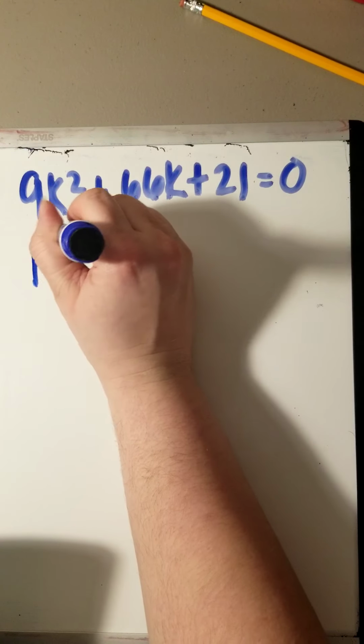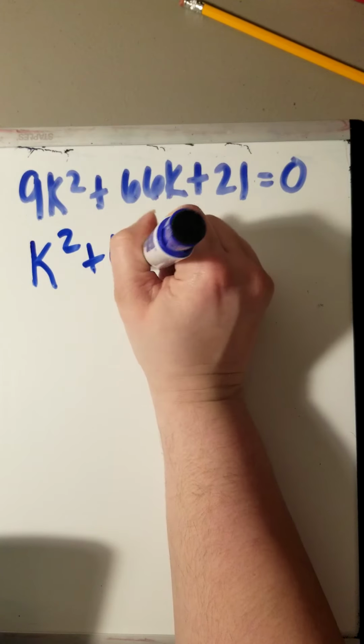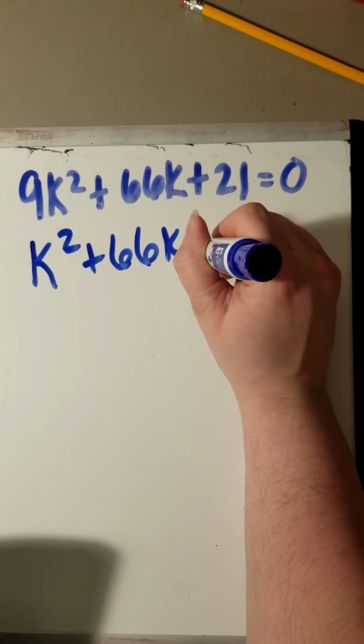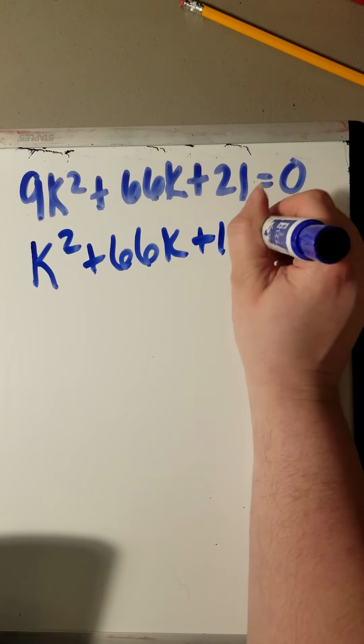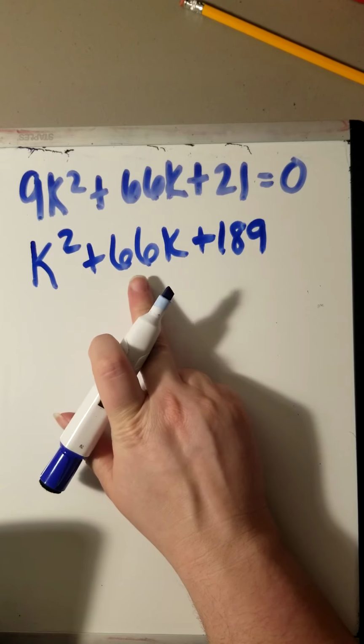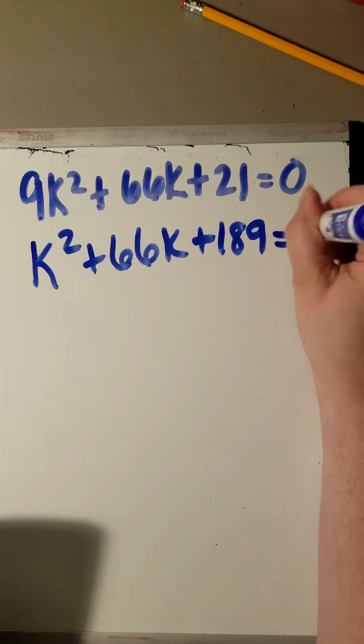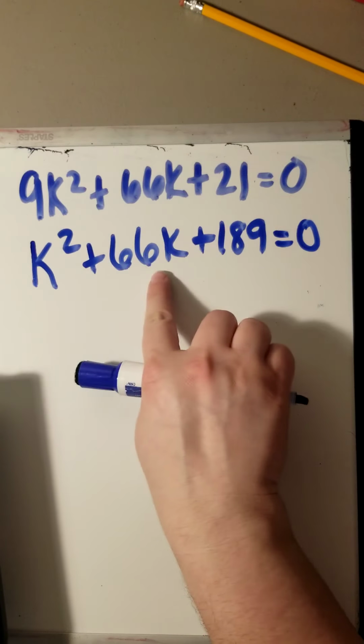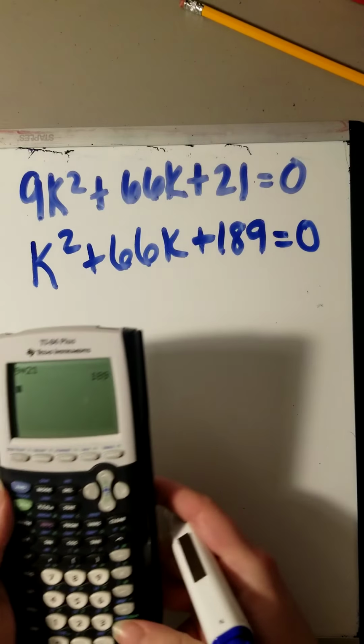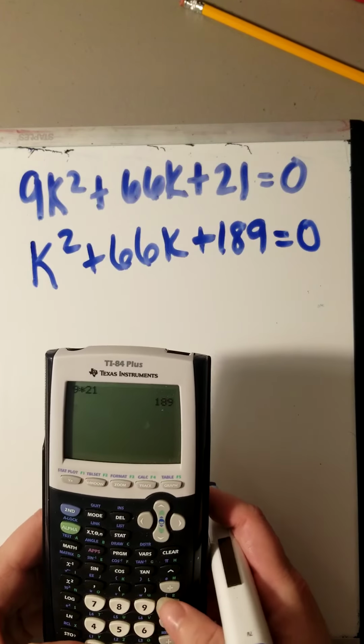As you can imagine, there's a bunch of things that could go into that, but not very many of them are going to be 66 apart. And since these are both positive, they have to add to be 66. So I kind of just start looking.